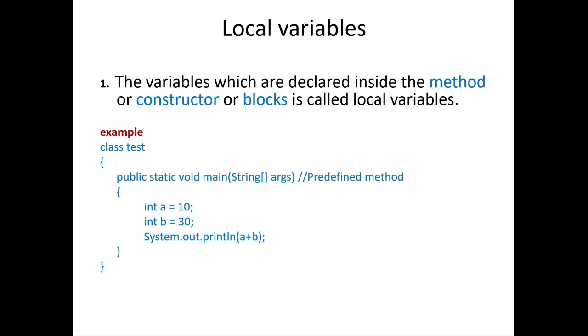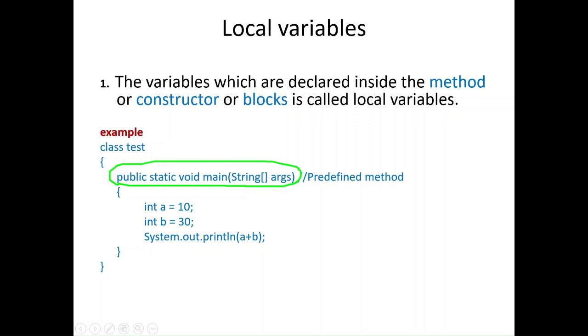let me first discuss the local variable. The variable which is declared inside a method, constructor, or block is called a local variable. In every Java program, we start with class, which is a keyword, and test is the name I have given to the class. You can give any name. In other programming languages like C or C++, you would have seen the main function, void main. But in Java it's somewhat lengthy, like public static void main string array args.